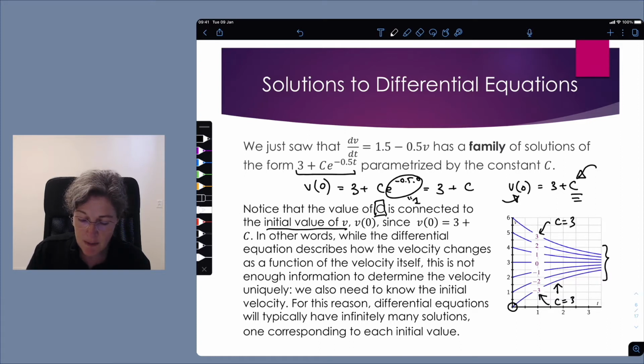On the other hand, if you start with an initial velocity of 6, then you're going to get a decreasing function. So our differential equations can actually describe quite a large variety of behaviors, all in one quite simple equation. And then depending on any additional information that you have, you can pick out which one of the possible solutions it is.